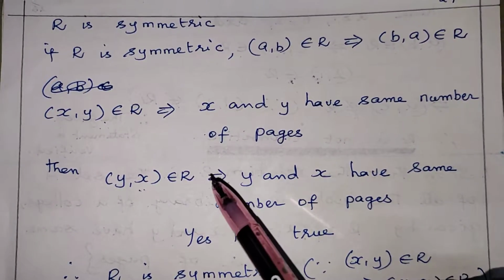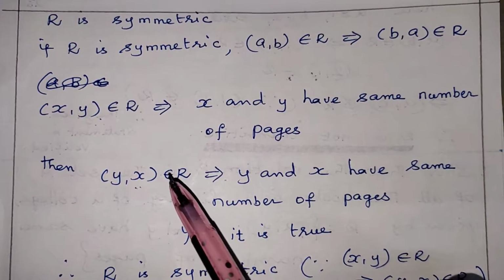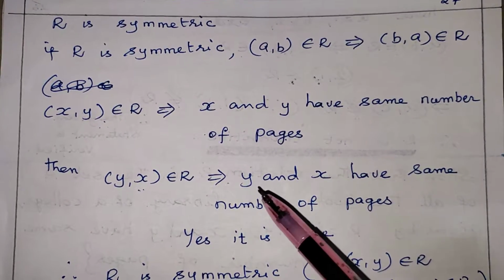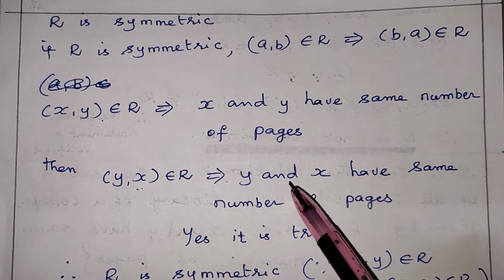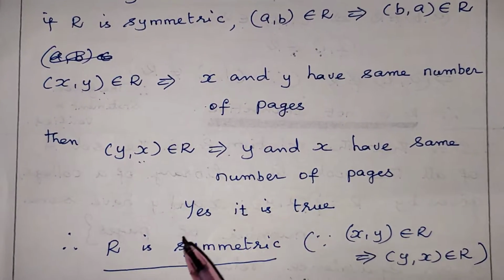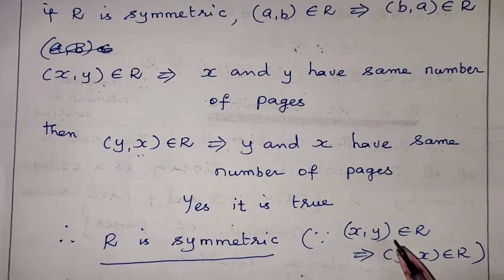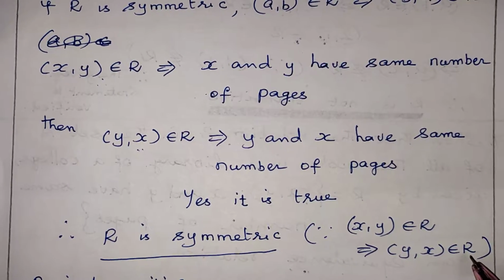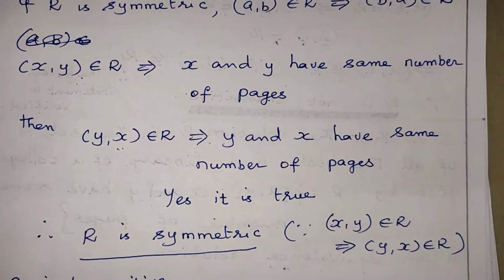If we take y as the first book and x as the next book, we can say y and x also have the same number of pages. Yes, this statement is true. That means R is symmetric, because (x, y) belongs to R implies (y, x) belongs to R.